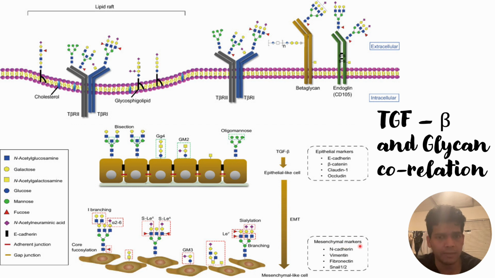N-cadherin is the marker for mesenchymal properties, and E-cadherin is the marker for epithelial-like cells. There are other markers also mentioned here. These markers can be visualized to further validate whether the cells have mesenchymal-like properties or not.